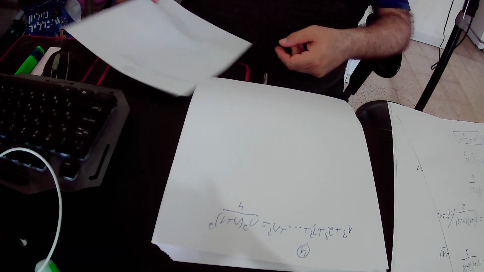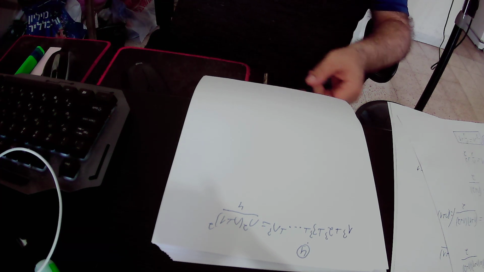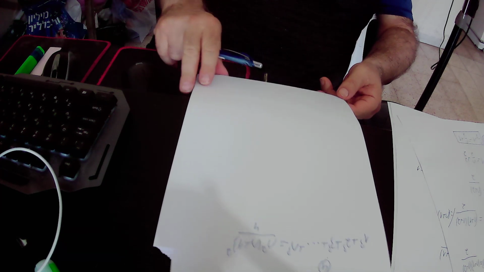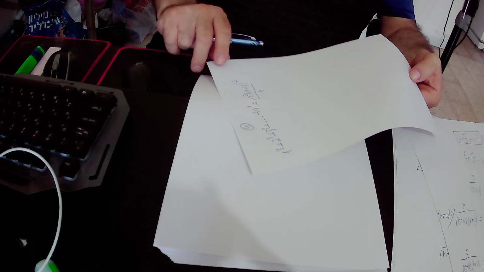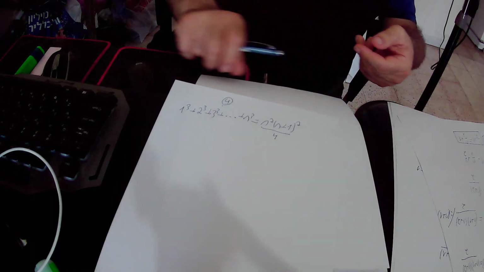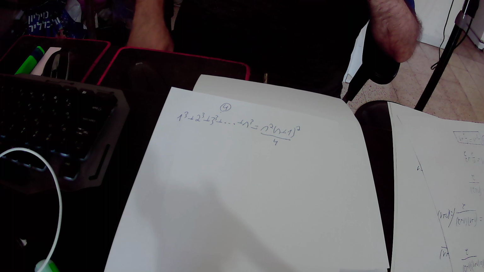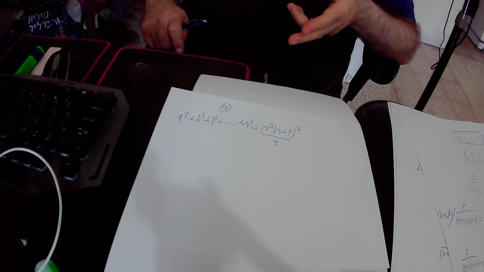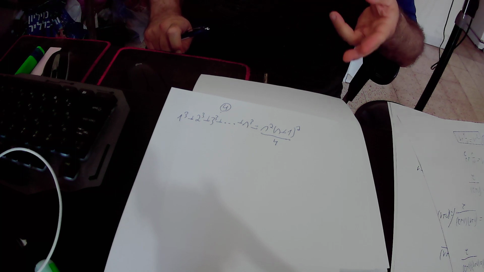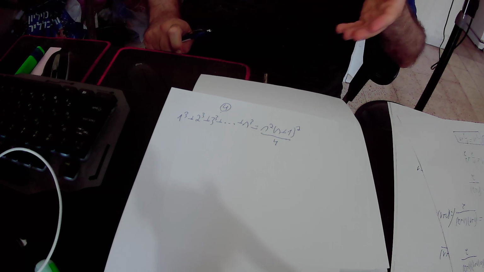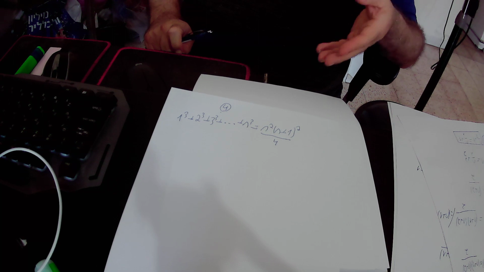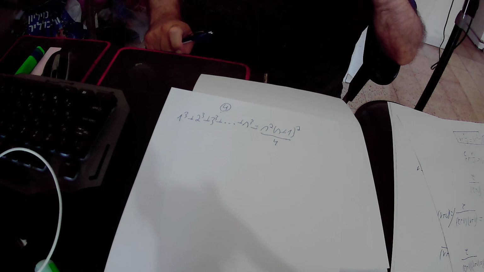So we actually want to prove that this statement, 1 to the power of 3 plus 2 to the power of 3 plus 3 to the power of 3 plus ... plus n to the power of 3, equals n squared times (n plus 1) squared divided by 4.